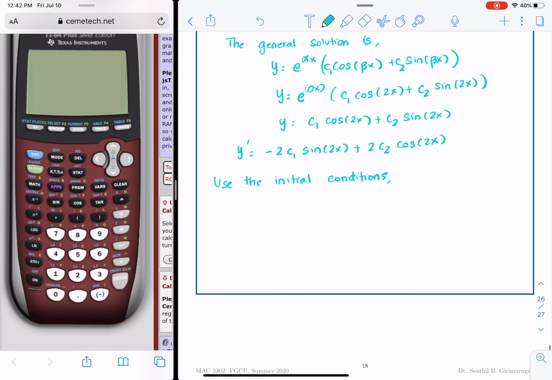Y of 0 is 0. So C1 cosine 2 times 0 plus C2 sine 2 times 0. Sine 0 is 0. Cosine 0 is 1. So C1 is equal to 0. y prime of 0 is pi over 2.